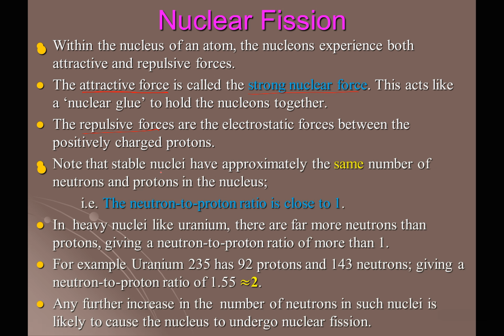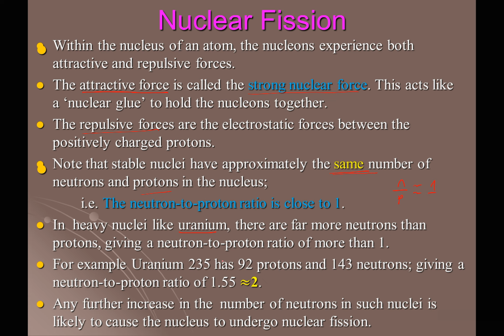However, I want you to note that stable nuclei have approximately the same number of neutrons and protons in the nucleus. It means if I divide the number of neutrons by the number of protons, the ratio is approximately close to 1. In heavier nuclei, for example uranium-235, there are many neutrons compared to the number of protons.